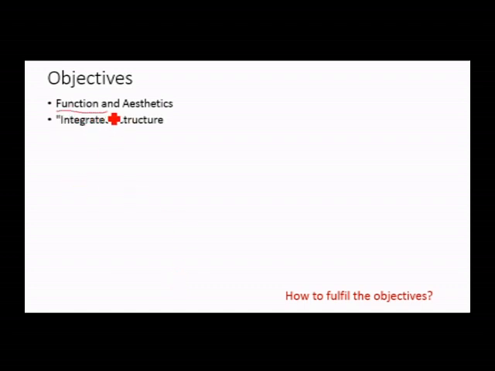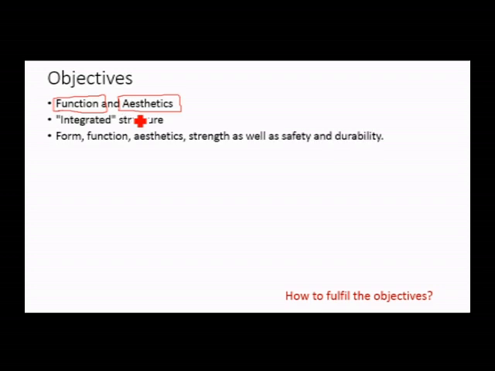Functions: what function is the building going to serve, and what is the design or the appearance of that particular building or a structural element to be considered, and also the strength, safety and durability should be considered at the time of design of the structural element.